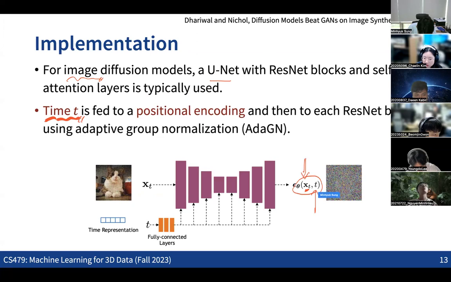The way that people add the time step is by feeding the time t with some positional encoding, which we also discussed in the previous lectures, into each of the ResNet blocks like this, with some normalization technique. So you might also need to check out some of the implementation details to do assignment 3. Any questions on assignment 3?